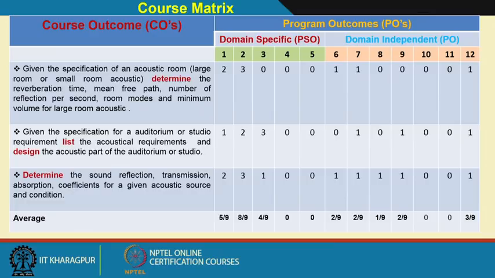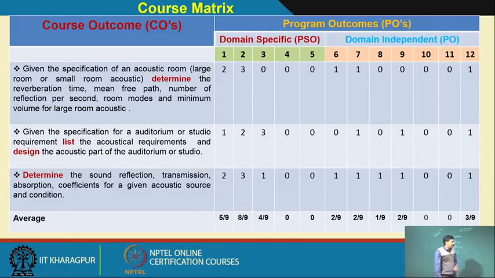Environment and sustainability. So, all the domain independent POs are also contributed in my course, and so I put some value there. Every course will contribute there, every outcome will contribute there.